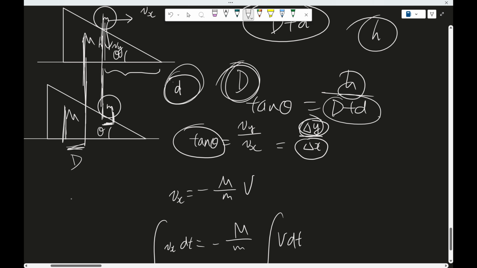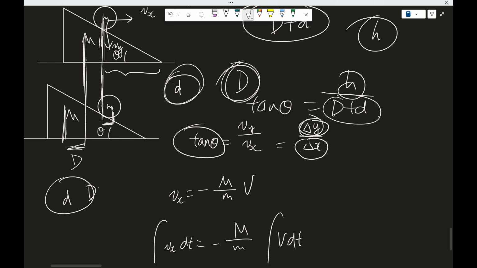So these d and D on themselves are positive. We define them to be a positive distance. Remember that distance is a scalar and there's no positive or negative. It's always positive. And so then the displacement of the slope technically should be negative D.